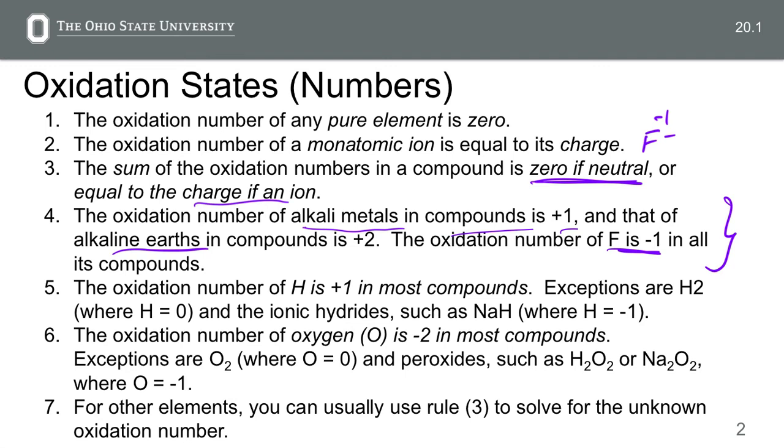The other rules that are useful: the oxidation number of hydrogen is usually +1, but there are some exceptions. H2, where the oxidation number is 0 because this is the elemental form of hydrogen.